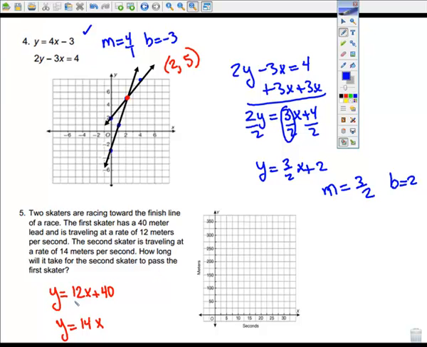So really we're going to see where they're the same, and then we'll see when the other one passes. So this first equation, my slope is 12, my y-intercept is 40. So I'll come down, it looks like we're going in steps of 25. So we'll say 40 is maybe right here, so just going to be sort of an estimate.